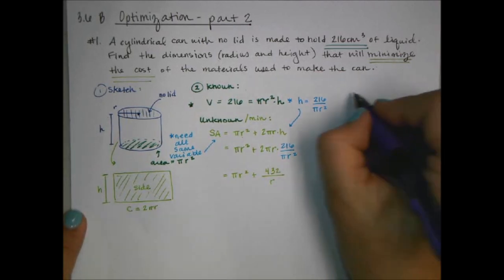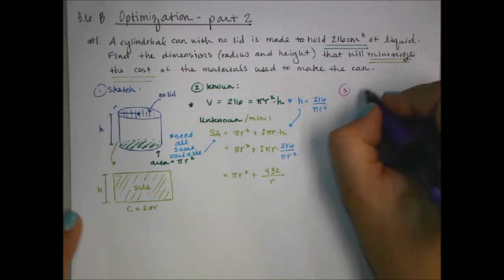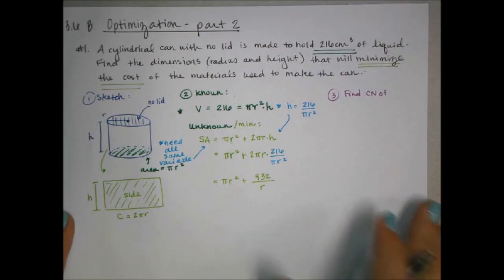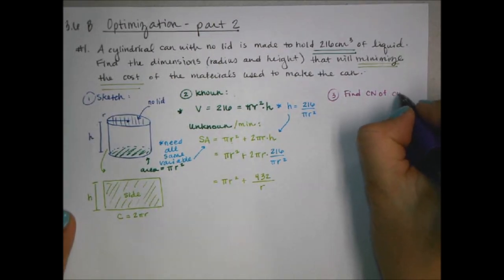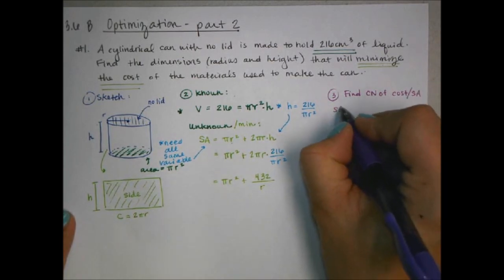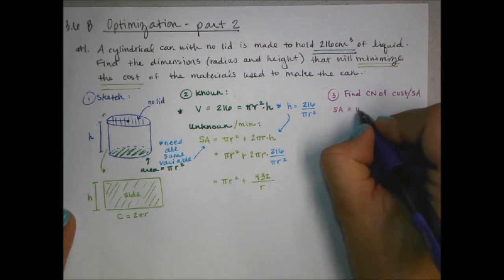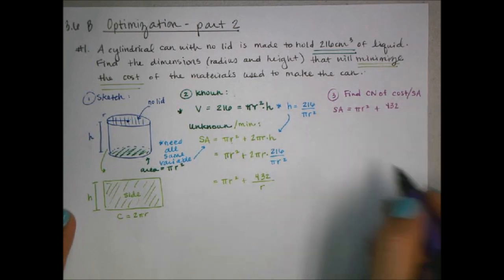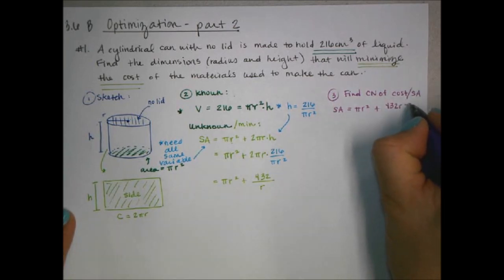So over here, we want to find critical numbers of cost, which is surface area. So our function we're working with here, pi r squared plus 432 over r, or 432 r to the negative 1.